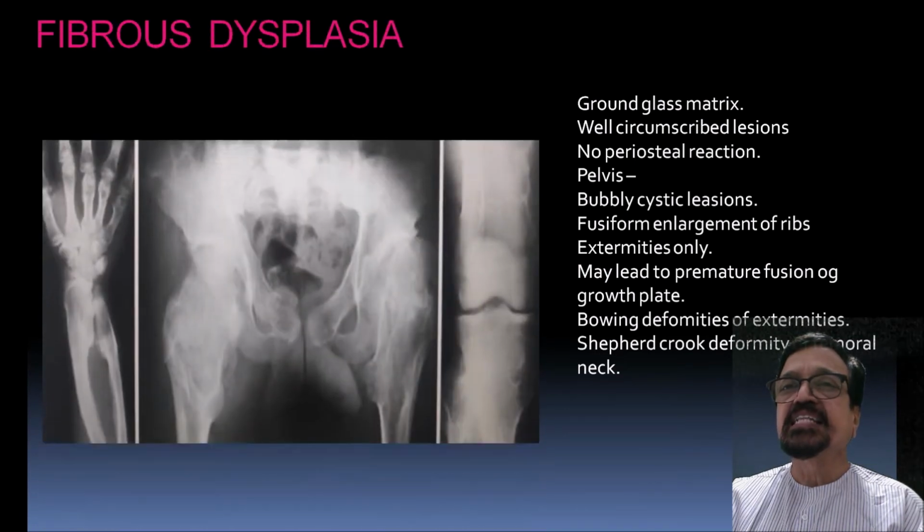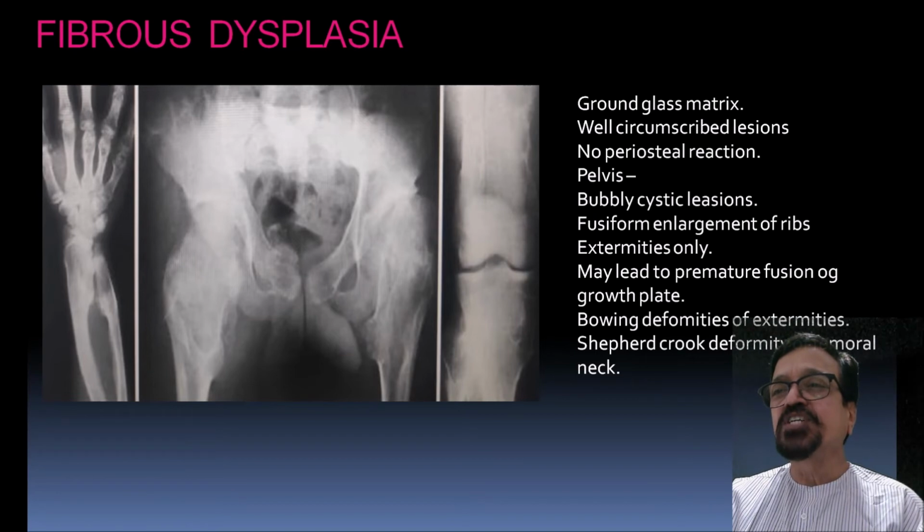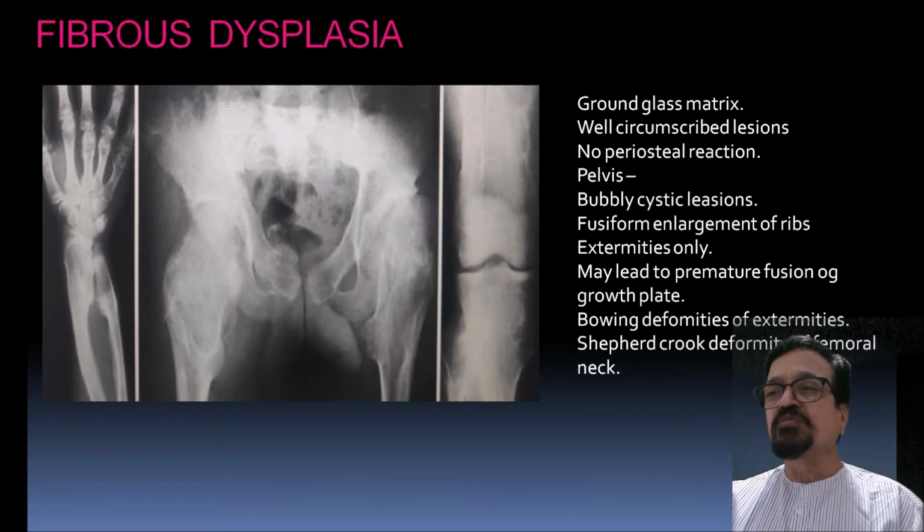Now let us see the illustrations. In this X-ray, what we are seeing is a ground glass matrix, well circumscribed lesions, no periosteal reaction. The pelvis is showing bubbly cystic lesions, fusiform enlargement of ribs, which are not seen in this, but it is one of the features. Then the extremities may show premature fusion of the growth plate and bowing deformity.